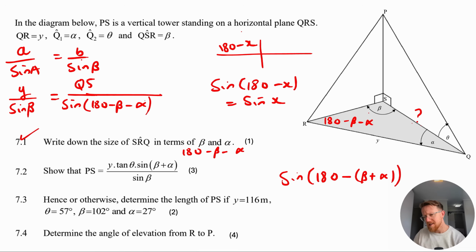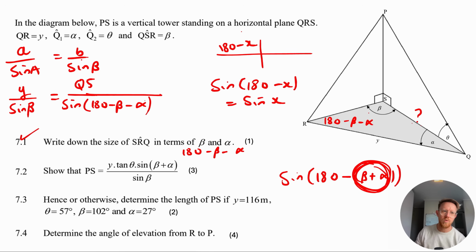If I put this negative back inside, it would give me negative beta, which is what we had. And if I put this negative back inside, it would give us negative alpha, which is what we had. So we haven't changed anything. We've just written it in a better way because we know that whenever you have the sin of 180 minus something, and now the something is this over here, then it just becomes the sin of that something.